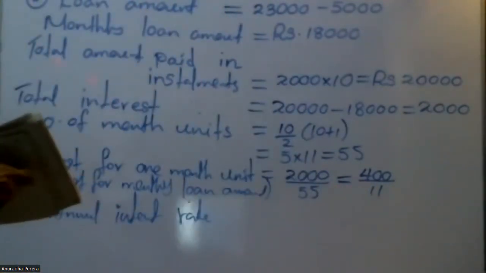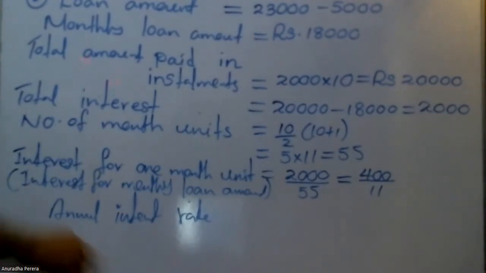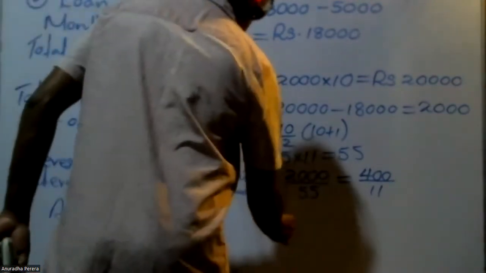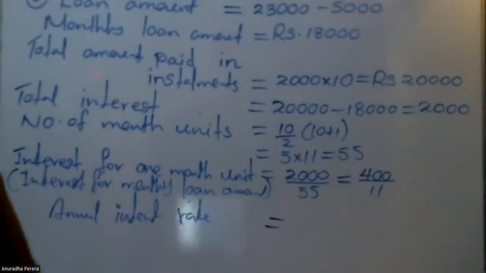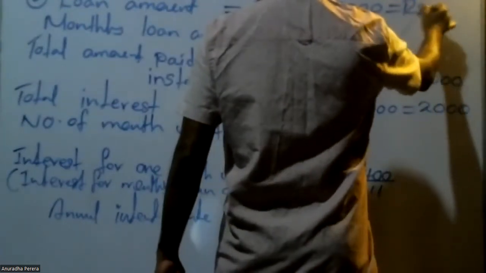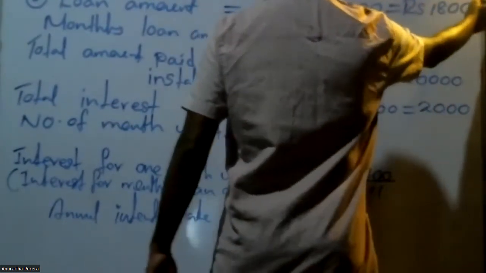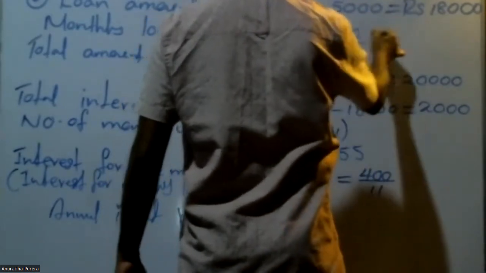Annual interest rate. We know the monthly loan amount should be determined. This one is 18,000. To find the monthly loan amount, divide this by 10, 1,800.